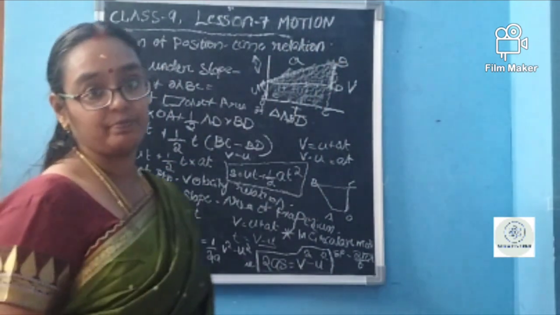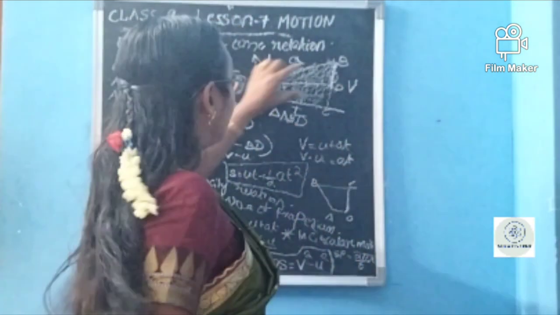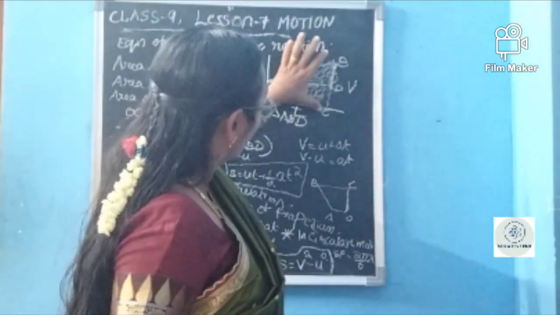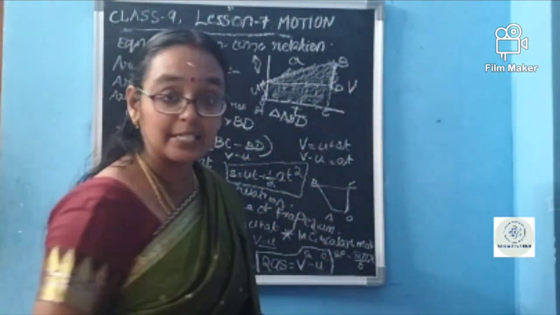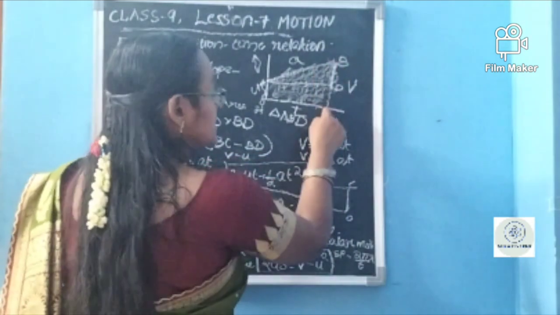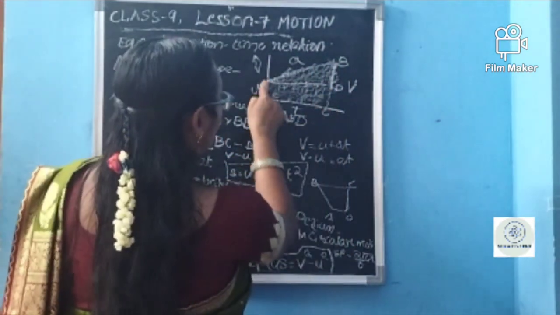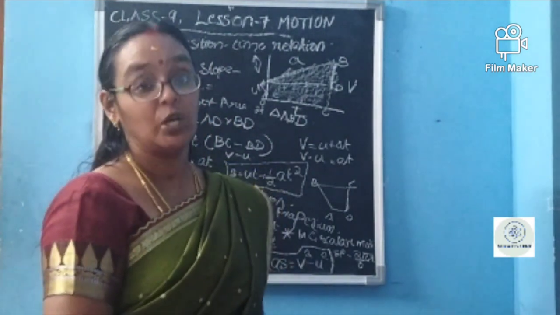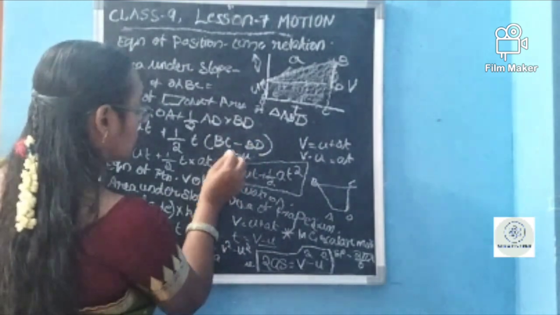BD is H. In the first equation, we found BD as BC minus DC, isn't it, ma? Because BC is V, final velocity, minus DC, it is equivalent to OA, the initial velocity. So V minus U will become BC.